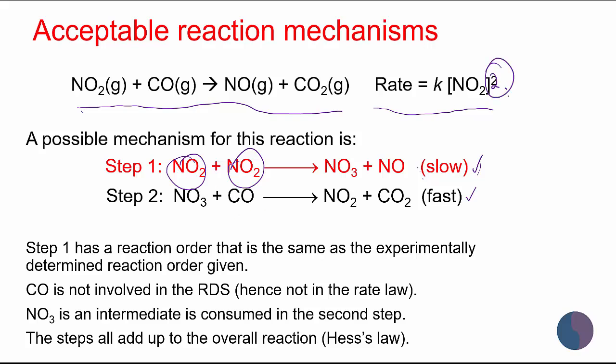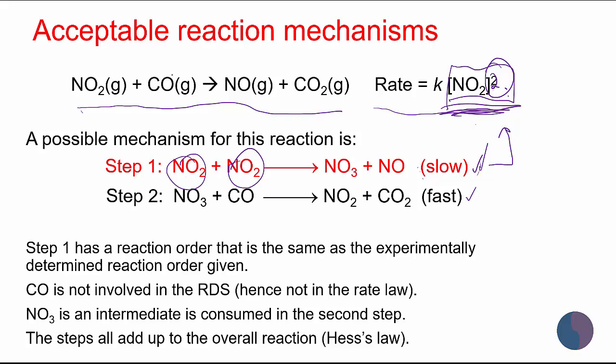So if it's just one thing breaking down and this is the slow reaction, this will be to the order of 1. And if there's 2 of them, it ends up causing a quadrupling effect. It's a second order. So that does agree, that slow step does agree with the true rate expression, rate law, I should say.